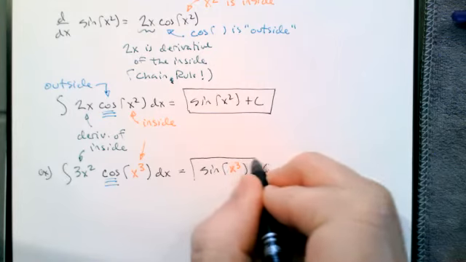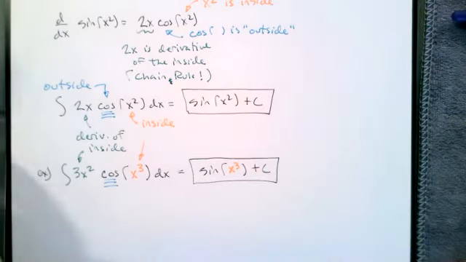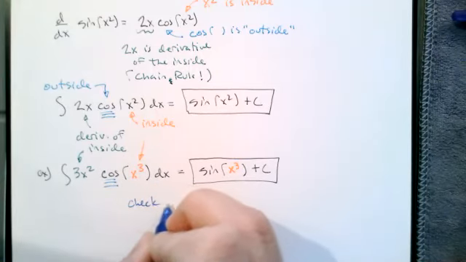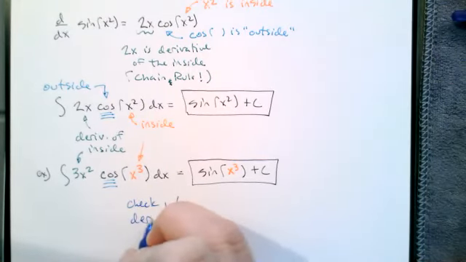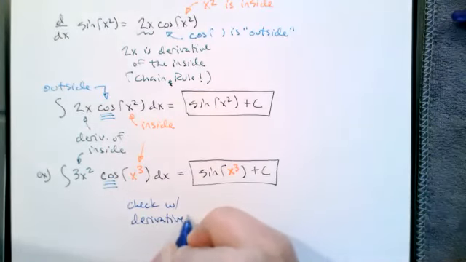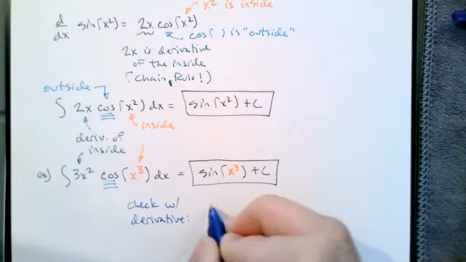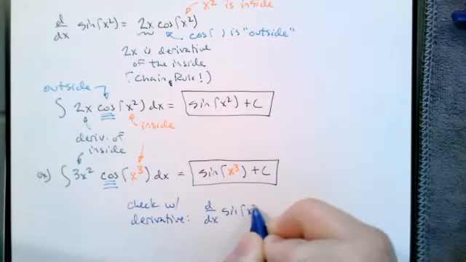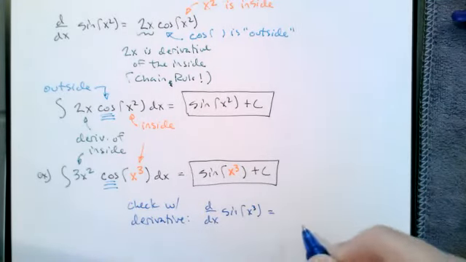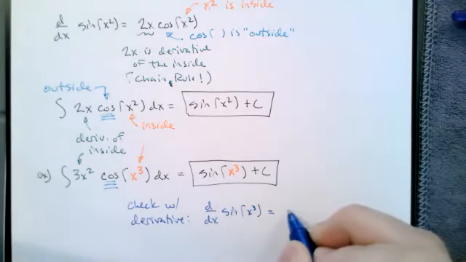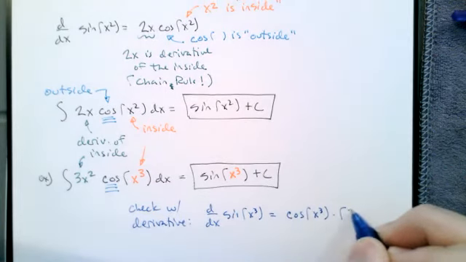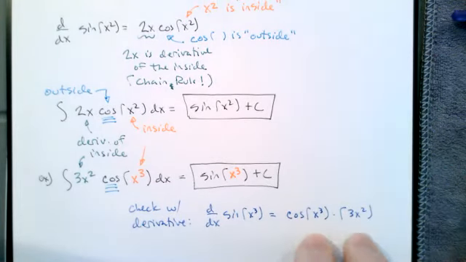We can check with the derivative. The derivative of sine of something is cosine of that thing times the derivative of the inside, which is 3x squared. We end up back where we started, so everything worked.